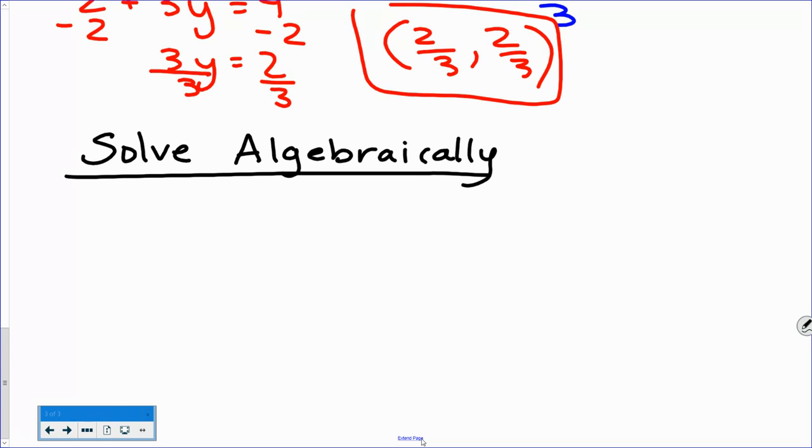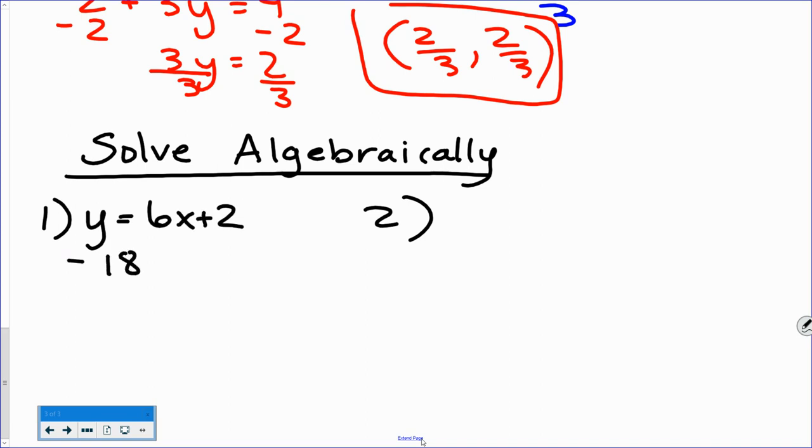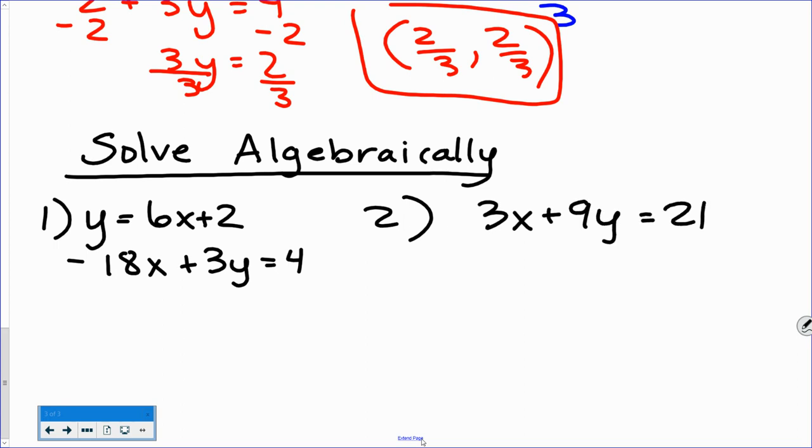So I'm going to put these two problems up here. So I'll put two examples up. And this first one is y equals 6x plus 2. And the second equation, negative 18x plus 3y equals 4. And then the second problem would be 3x plus 9y equals 21.